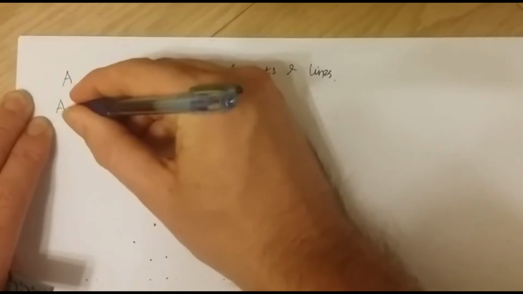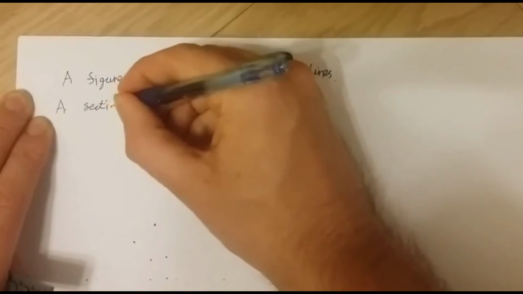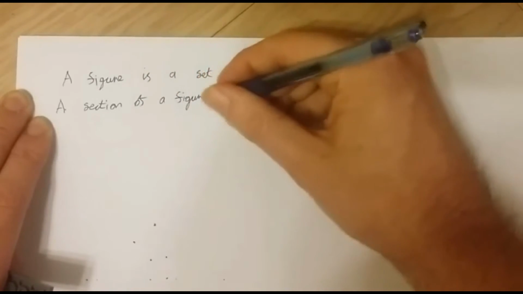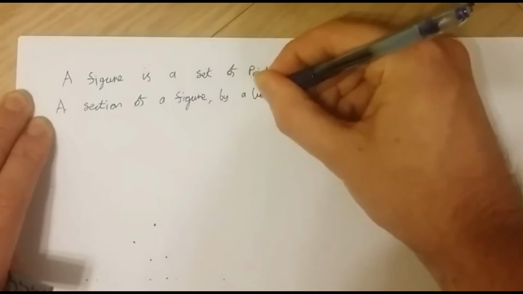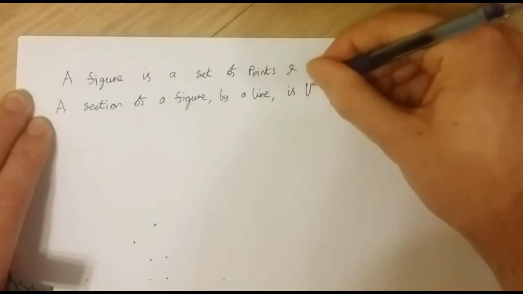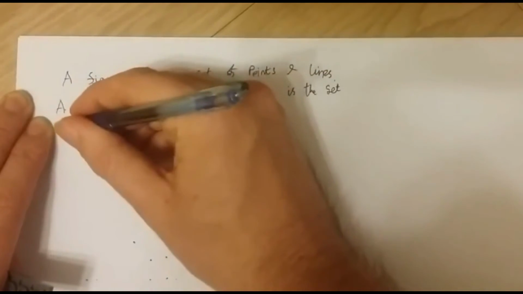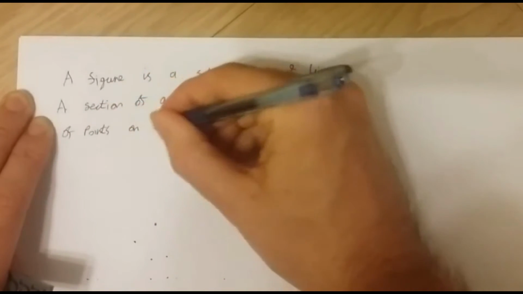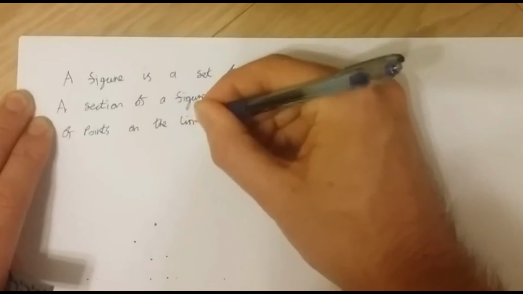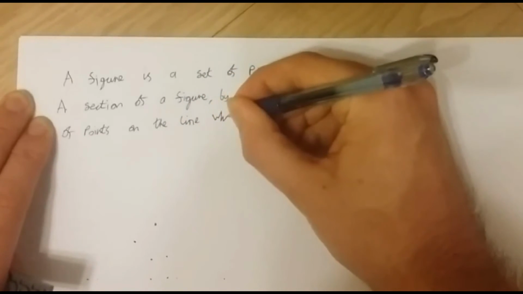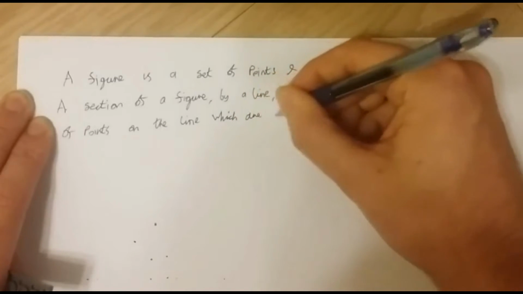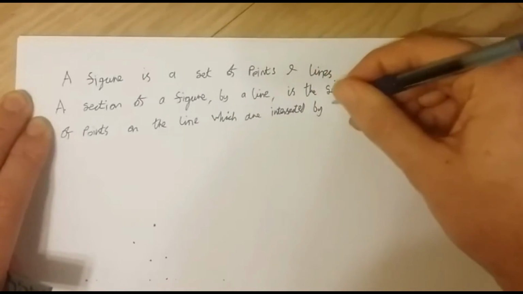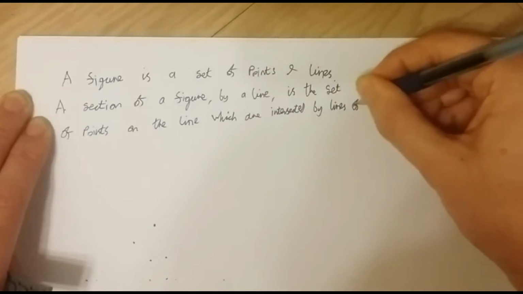And a section of a figure by a line is the set of points on the line which are intersected by lines of the figure.